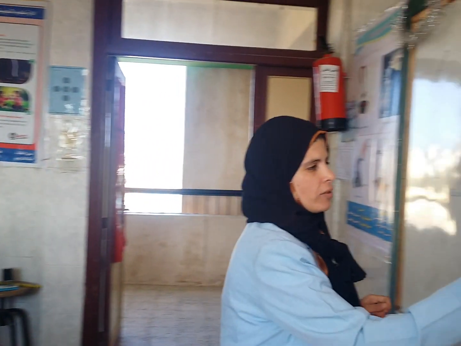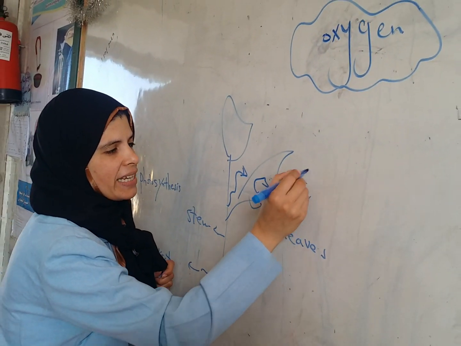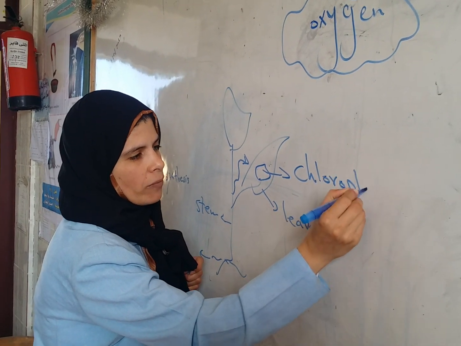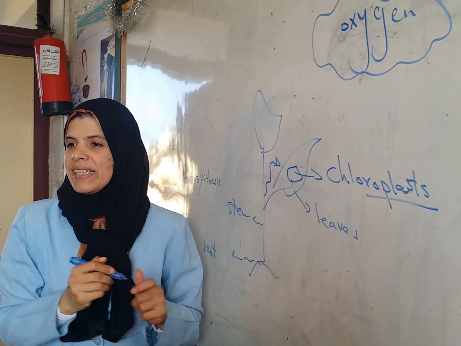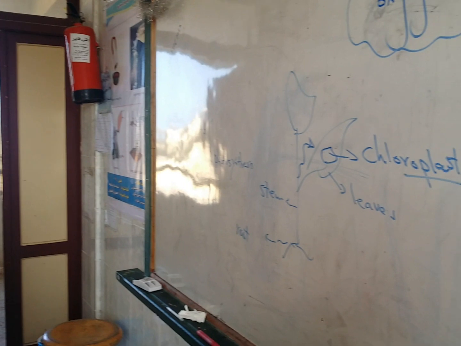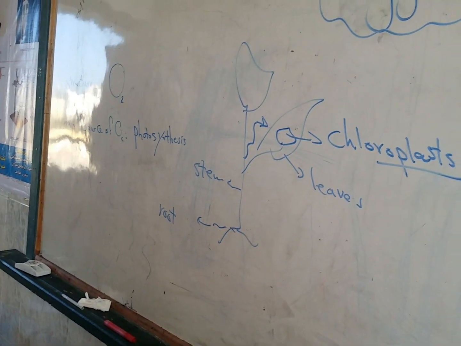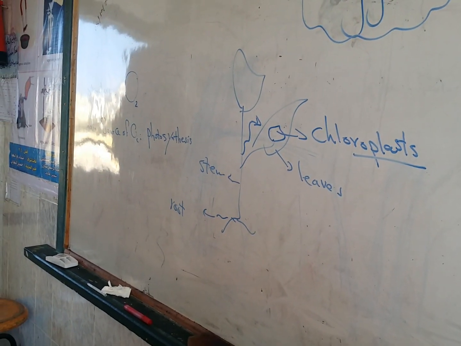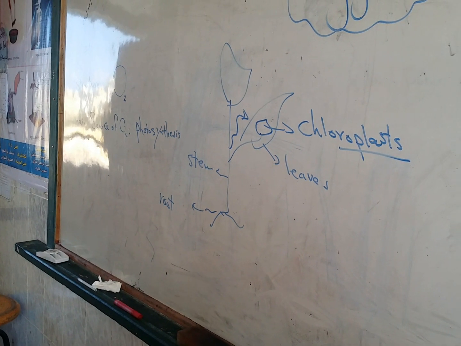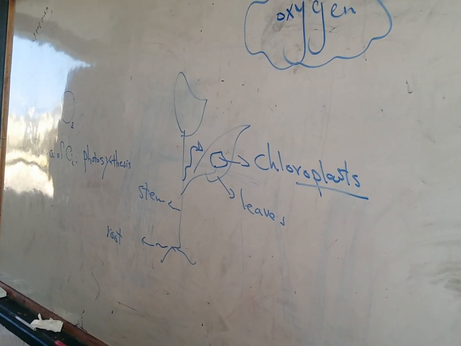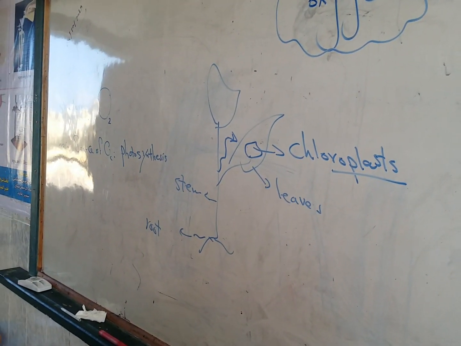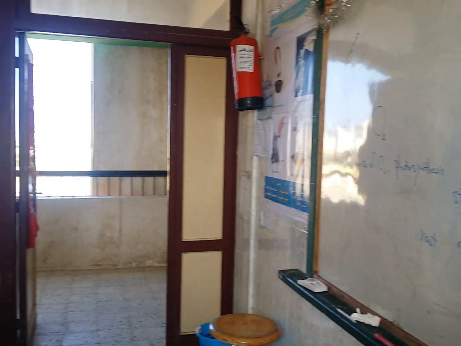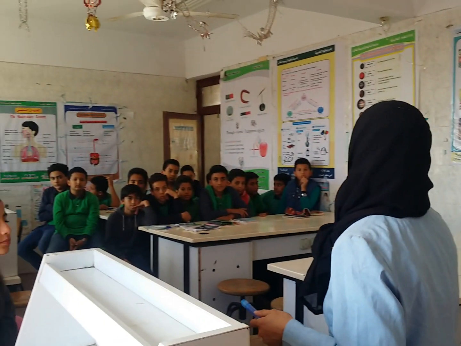Why is this green plastid called by that name? Because it has a pigment called chlorophyll. Chlorophyll absorbs the sunlight. It's the energy by which the chloroplasts do photosynthesis. Okay? So this process is called photosynthesis.